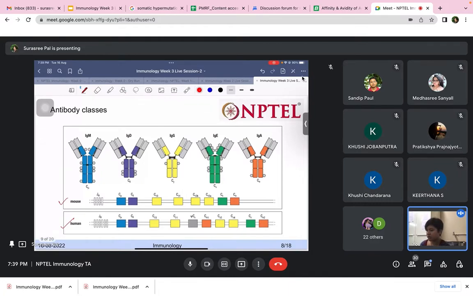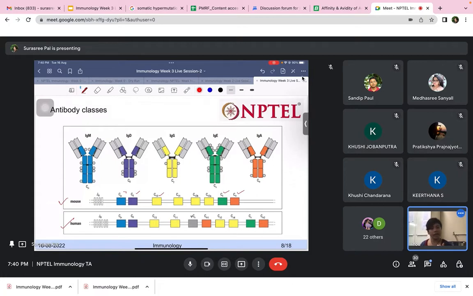Here you can see C mu, C delta, C gamma, C epsilon, C alpha. These are several segments of the constant region, which are present in the gene of the constant region. These code for several antibody classes.